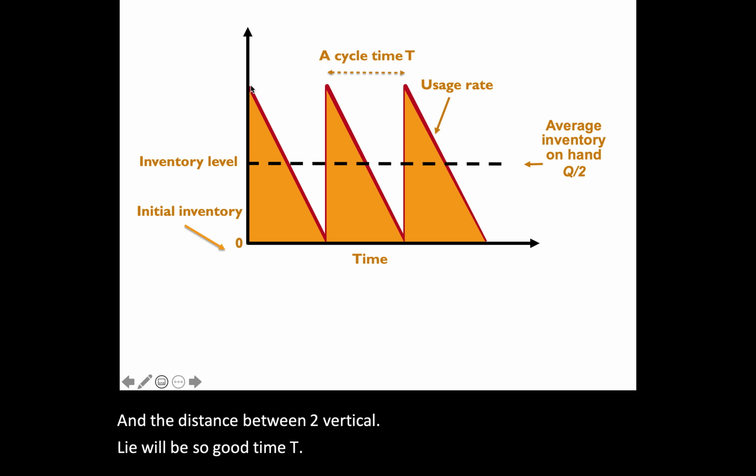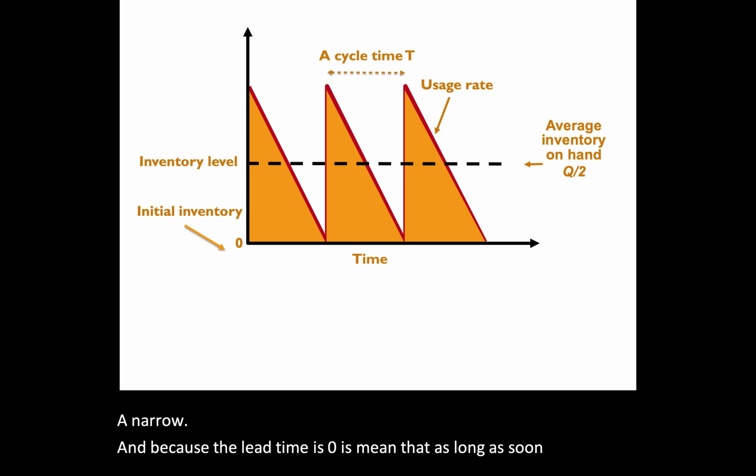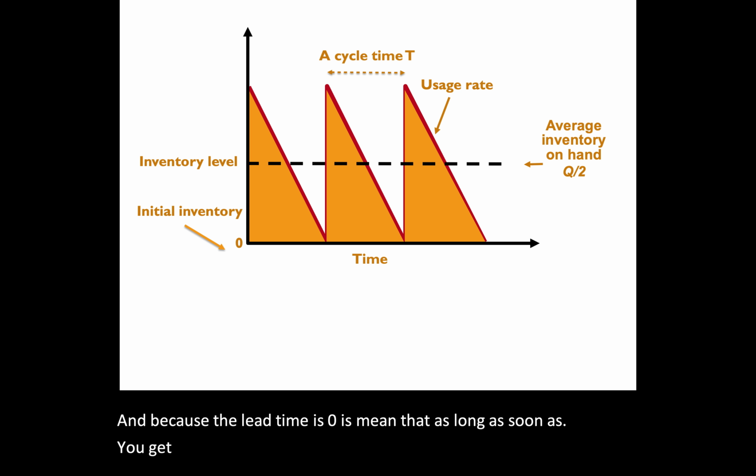So in general, at the beginning of one cycle, the initial inventory will be zero, okay? And that's when you need to make an order. And because the lead time is zero, it means that as soon as you place an order, you will get it immediately.